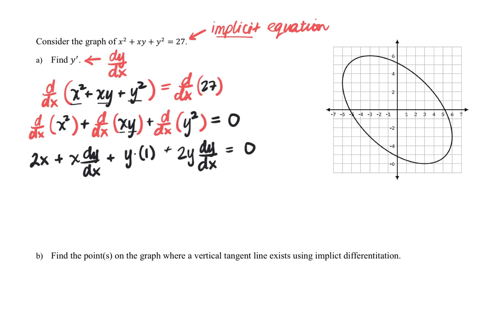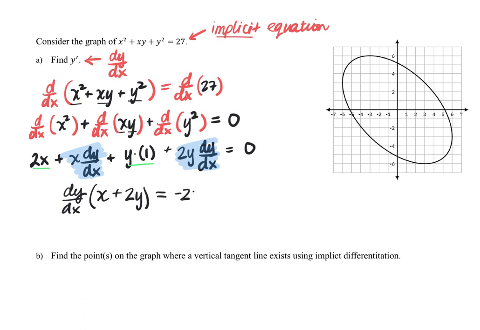And then at this point, we need to solve for dy/dx, and you'll notice that there are two terms that contain a dy/dx, and we will want to leave those terms on this side of the equation so we can factor out a dy/dx. I like to do this all in one step. So I'm going to factor out a dy/dx from the two terms that I have highlighted in blue. But the other two terms do not contain a dy/dx, so I'm going to subtract those terms to the other side.